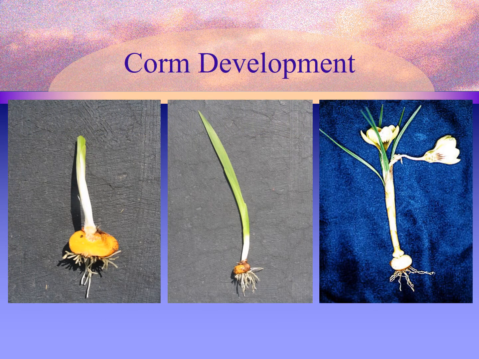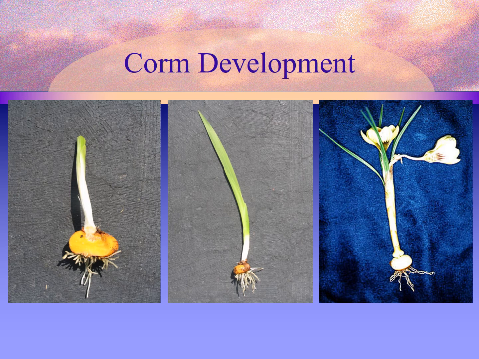Here are some pictures of a plant called gladiolus that I took several years ago. If we start with the picture on the left, I planted a gladiolus corm in the spring, because gladiolus is a corm that you would normally plant during the spring season. I let that corm develop for a couple of weeks, and then I dug it up.